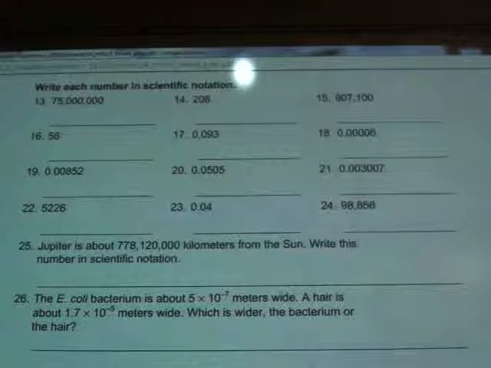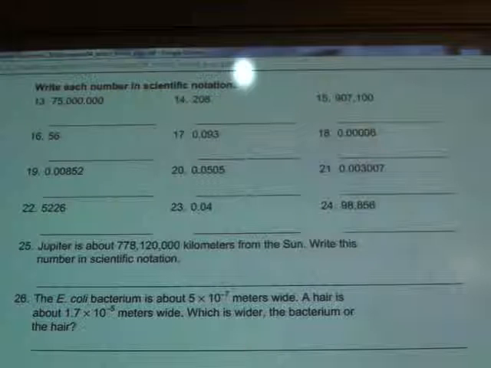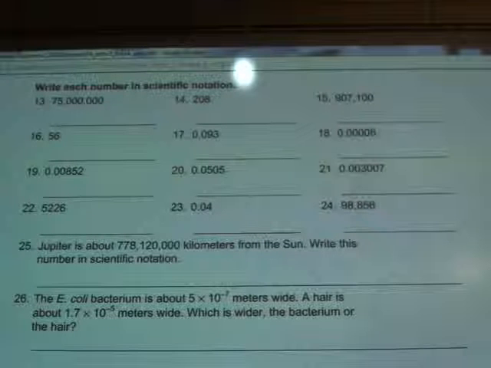Now this question would probably be really easy if it was positive exponents, but it's not really that easy because it's negative exponents. What you have to remember here is that that exponent is going to indicate how many times, because it's negative, how many times I'm going to move the decimal to the left. I don't need to actually rewrite these because I can figure this out in my head.